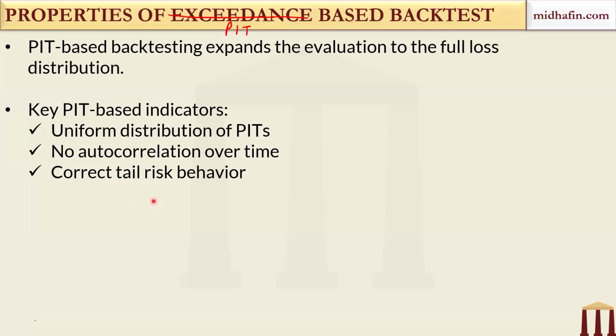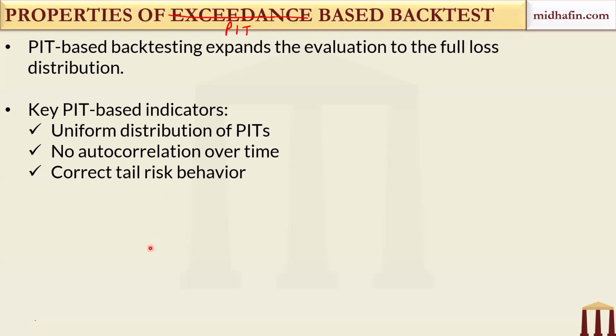So this is important because exceedance based tests only evaluate a single quantile, like let's say the 95th percentile. But PIT tests reveal, you can say, subtle flaws in the tail estimation and distributional assumptions that basic backtests might completely miss. So what's the bottom line?